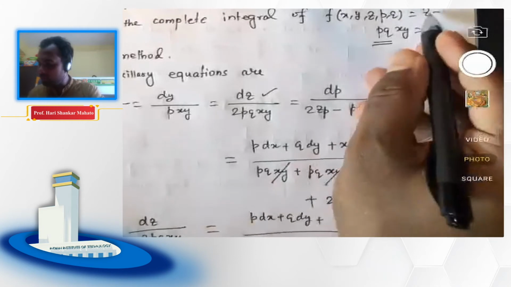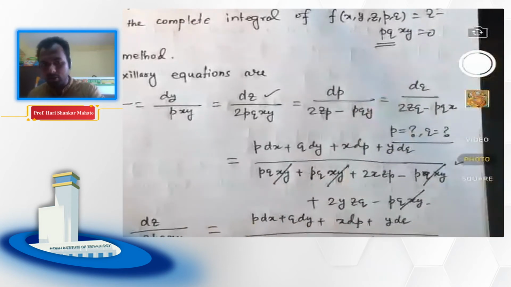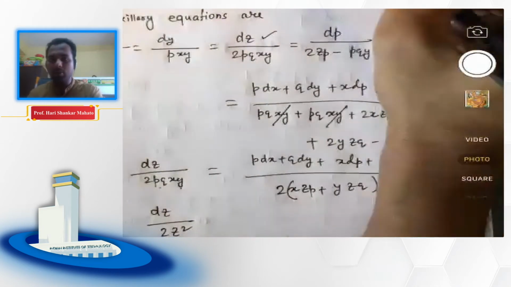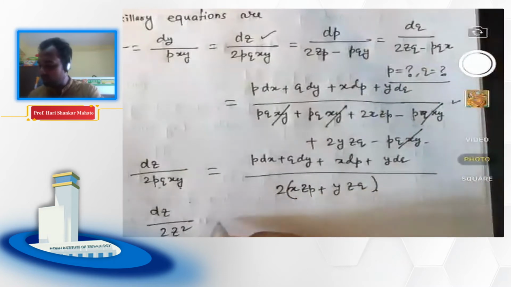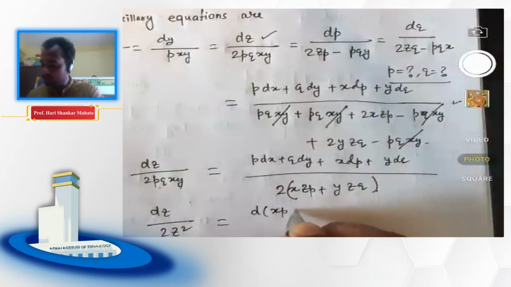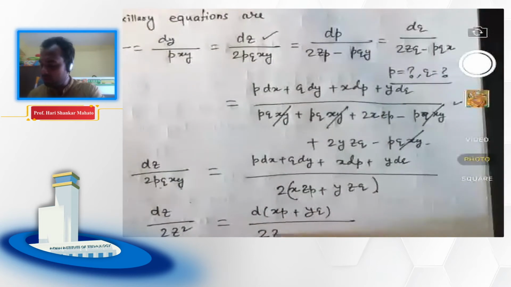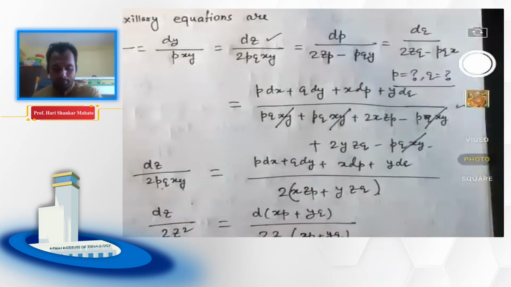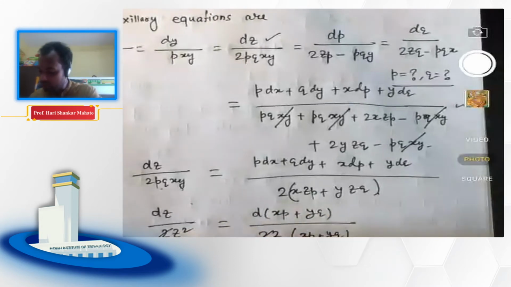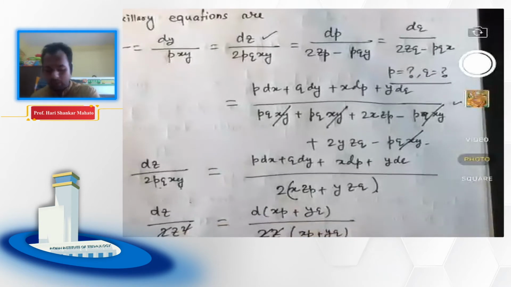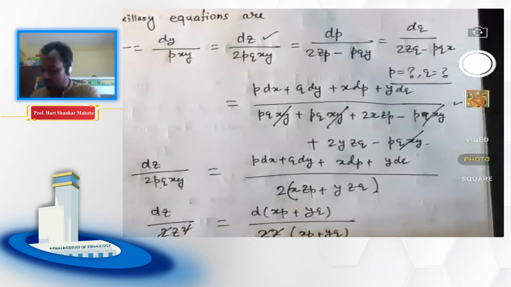Now pqxy is z square, so from the given PDE I can write 2z square from here. And this one is d of (xp plus yq) divided by 2z(xp plus yq). Now we can cancel out 1, 2, and we can also cancel out 1 z, and therefore we integrate both sides.